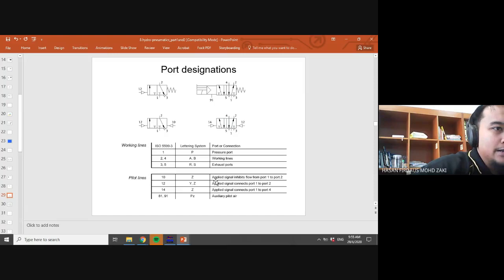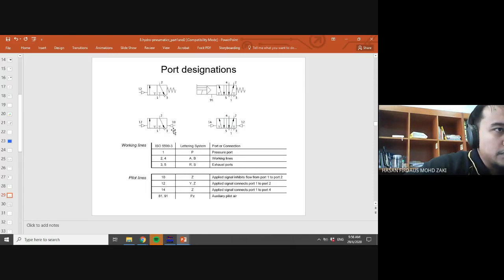Then you also have the pilot lines. 10 means the applied signal inhibits flow from port 1 to port 2. Inhibits means it will not allow the flow from port 1 to port 2.